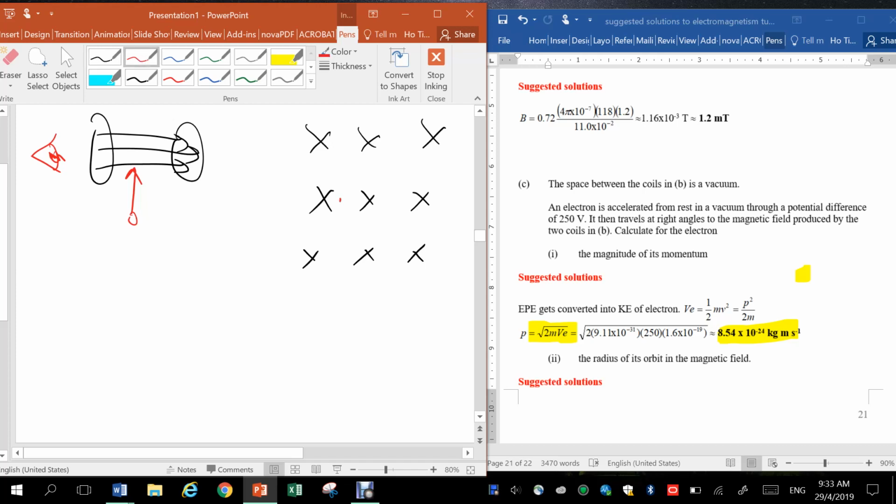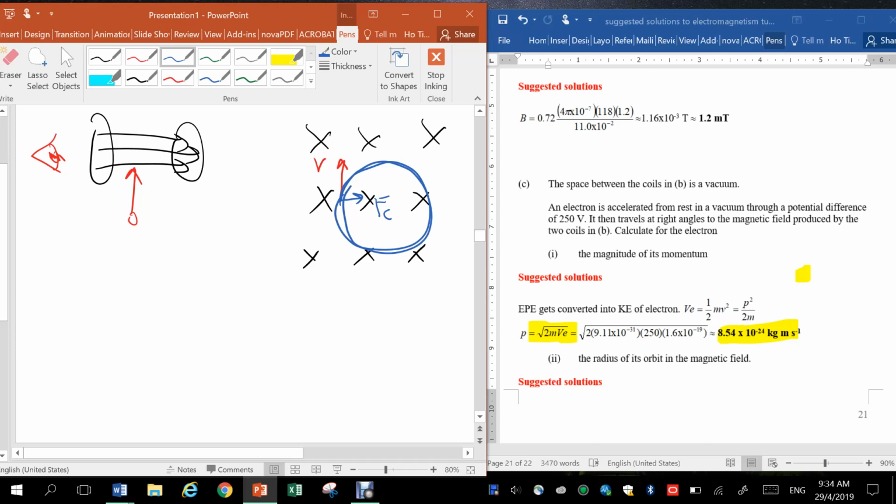Using your left hand rule, an electron moving up is as if the current is down. So field is into the page, current is down, so force is to the right. So you get force to the right, which means you do circular motion like this within the field.